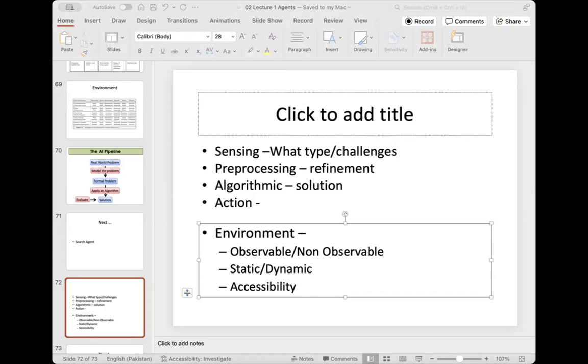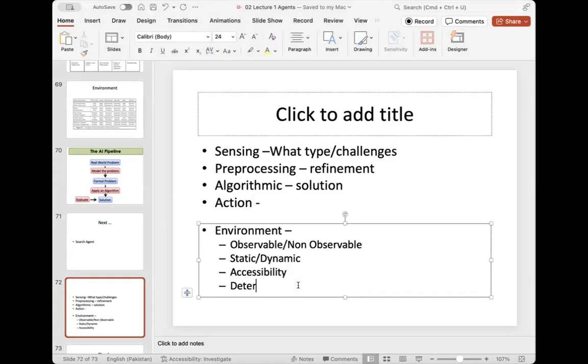So whether your environment is accessible or inaccessible, that's another important thing. And finally, this is again very important, whether your environment is deterministic or stochastic.